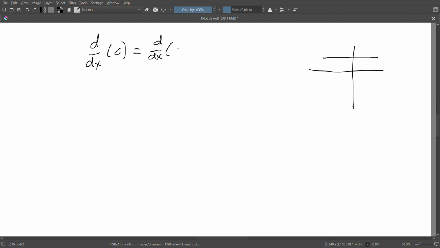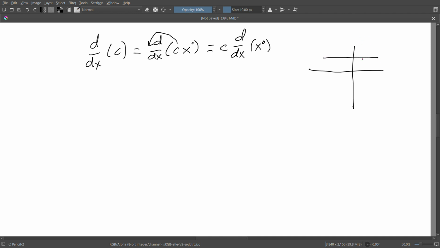Let's think, this is really the derivative of c times x to the 0. And if I can pull the constant out, this is just c times the derivative of x to the 0. And I didn't prove that 0 works here as the power.